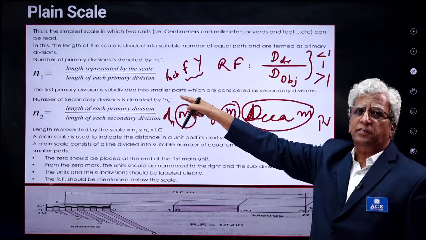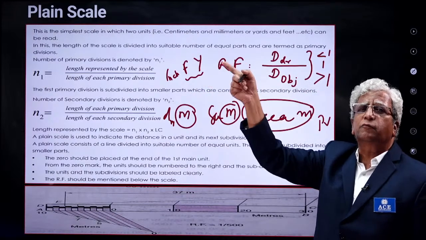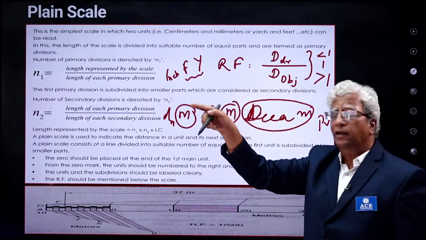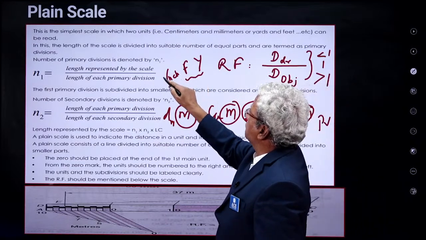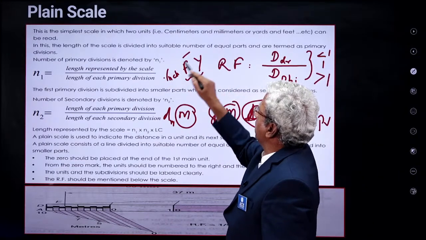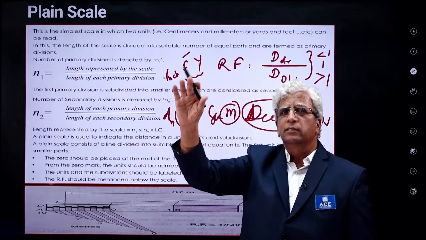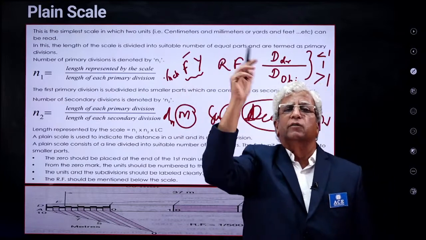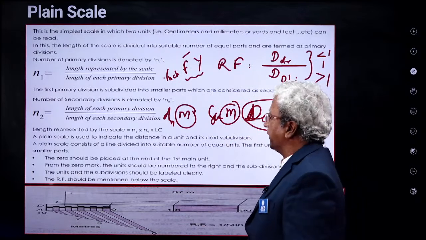Secondary unit is feet. If you are writing in terms of foot and inches, if you want to measure them using the scale, in that case, the foot is bigger than inch, therefore foot becomes the primary unit and inch becomes the secondary unit. So primary unit, smaller one is secondary unit, still smaller one is, that is what you get in the diagonal scale, fractional unit or tertiary unit.